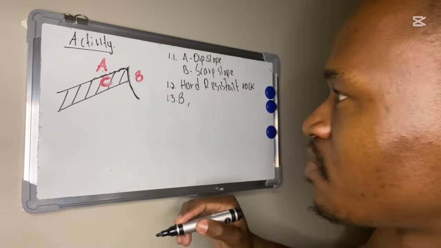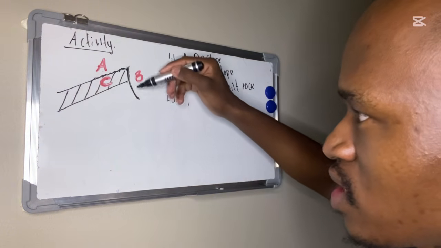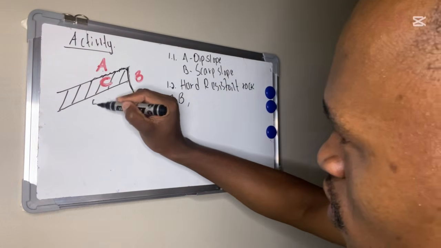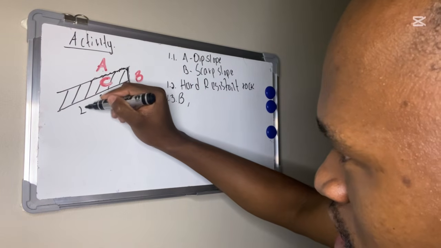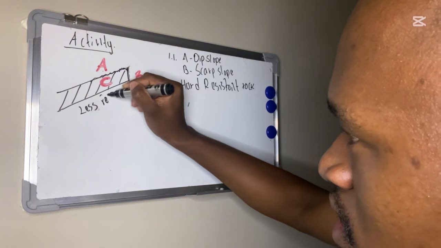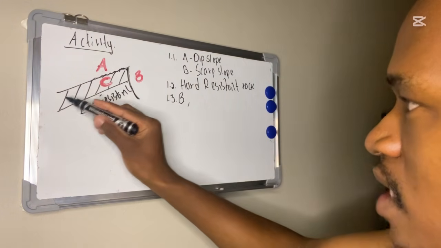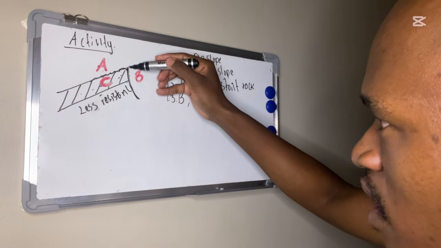And the reason is that B is much steeper. The reason why it's so steep is because it erodes faster. Remember, this rock is soft rock. It is less resistant, whereas the one at the top is a hard resistant rock. It is more resistant. So obviously B, can you see B?